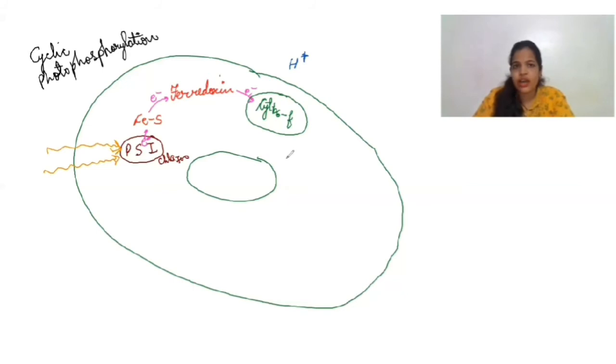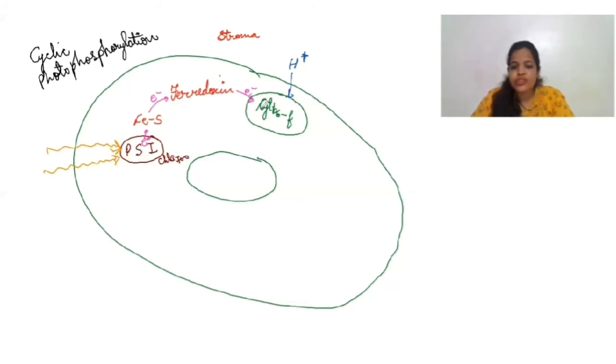Of course, if this is the thylakoid, then the outer part is the stroma, right? So the thylakoid offers protons to the cytochrome, which has an electron and proton carrier in it, the plastoquinone, and it takes protons and electrons together. And then further what happens?